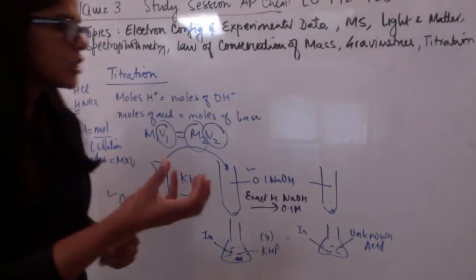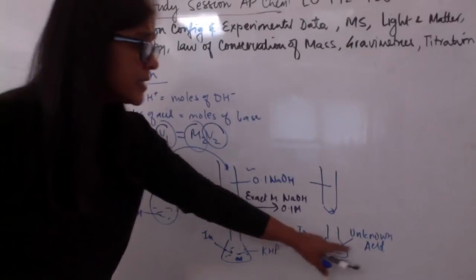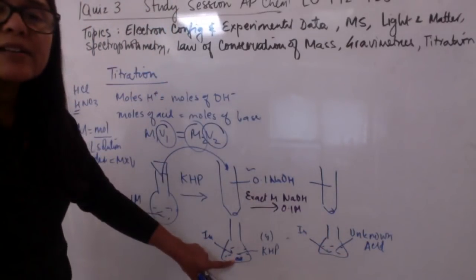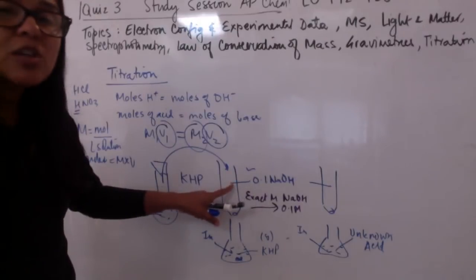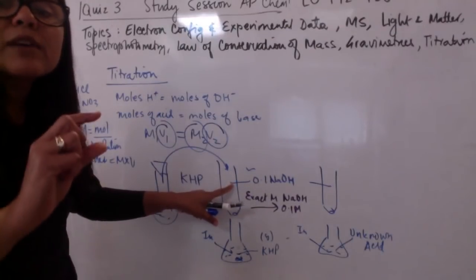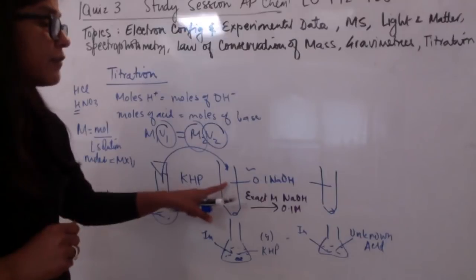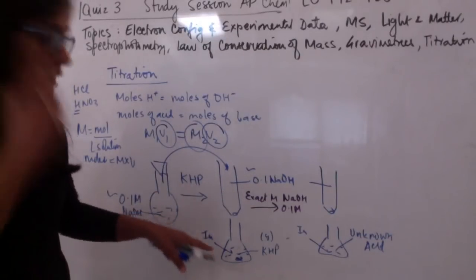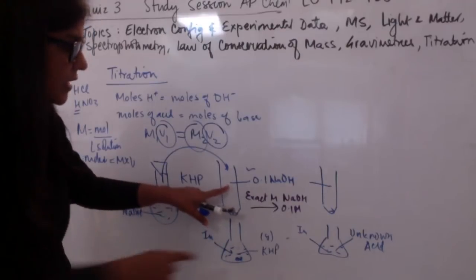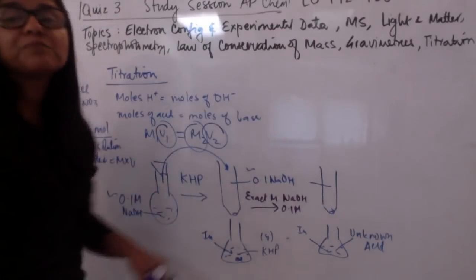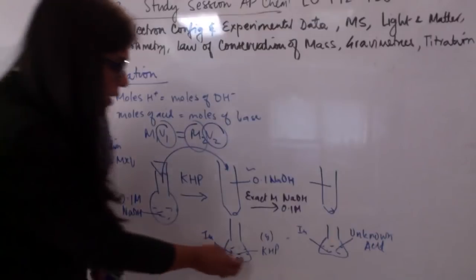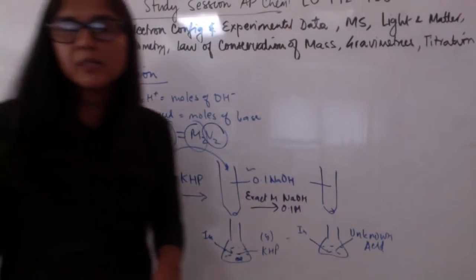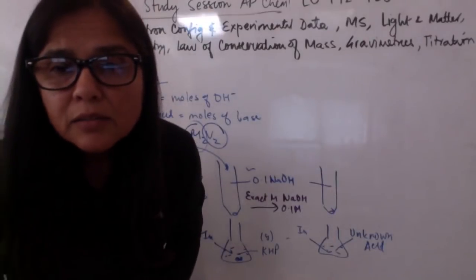That is why we took the solid acid in the flask. In this case, what is the standard? KHP. NaOH is not the standard. We were only about sure, right? We weren't 100% sure. So this really is the titrant, and this is the analyte. But we do it this way because our KHP is solid and there's no way to take it in the burette.